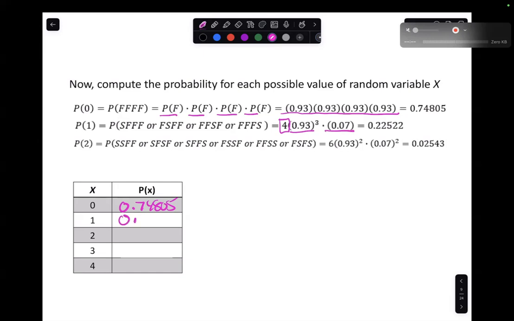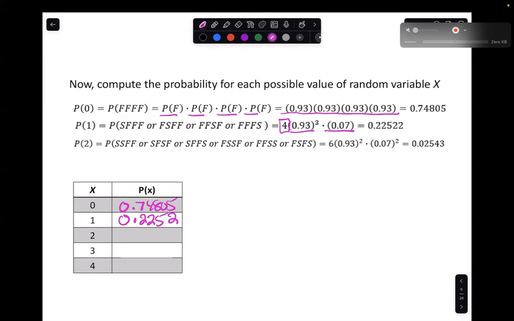That gives 0.2252. The thing about this is that if you were doing one of these binomial probabilities, you would have to determine first how many successes and how many failures we have, how many ways to get 3 successes.